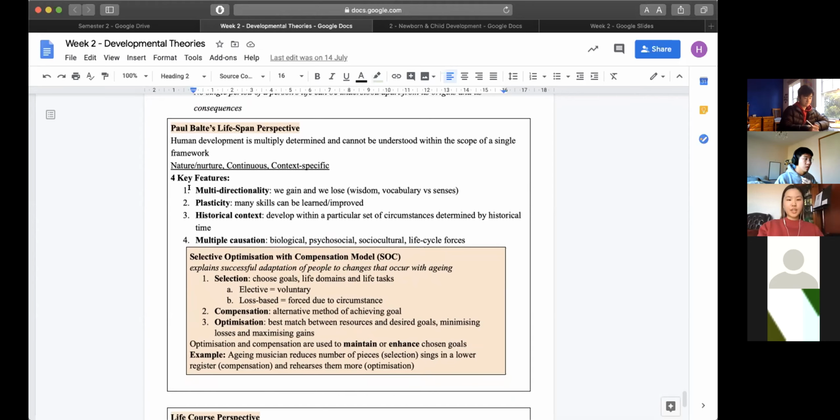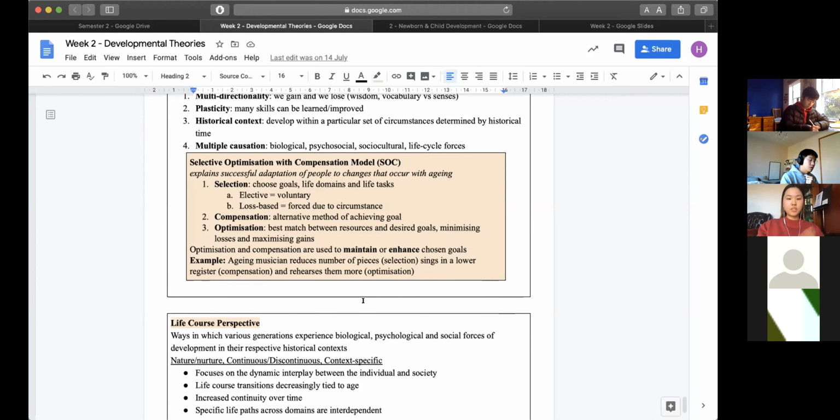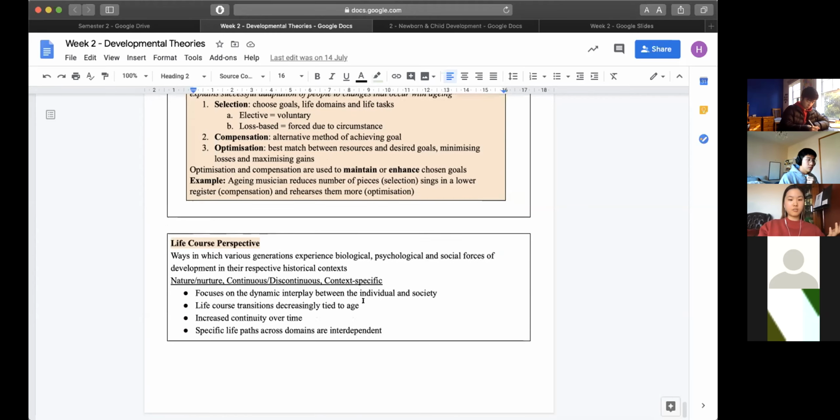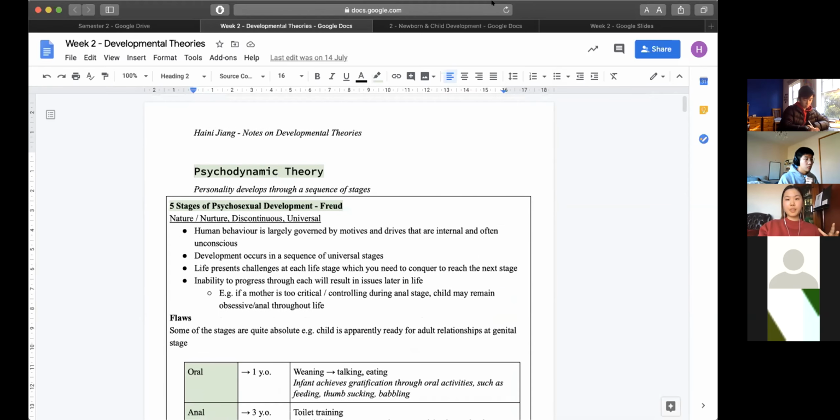There are 4 key features: multi-directionality, plasticity, historical context, and multiple causation. One of the more important things they will go through is the selective optimization with compensation model, which is how people successfully adapt to changes that happen with aging. It all goes through this in the notes.